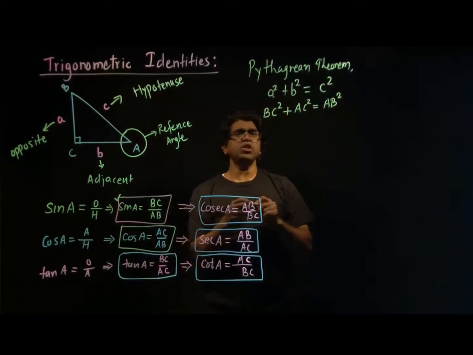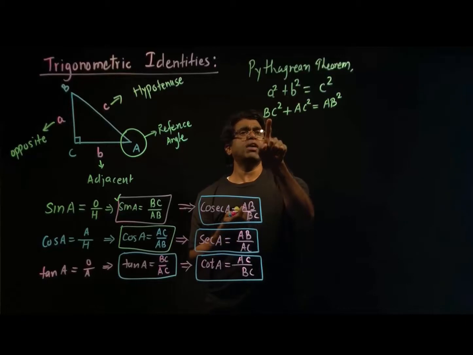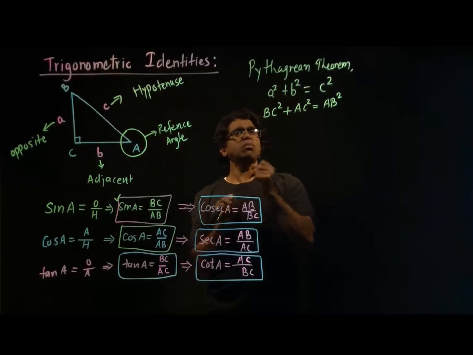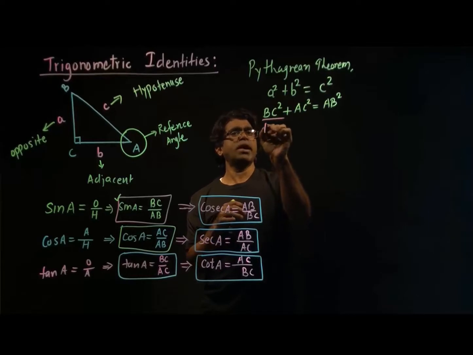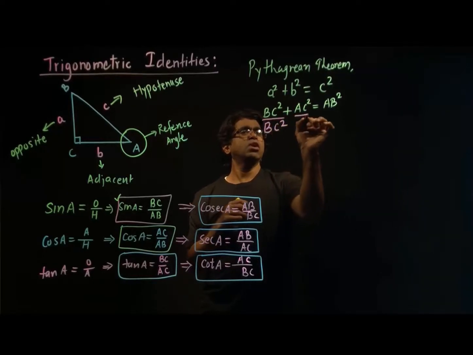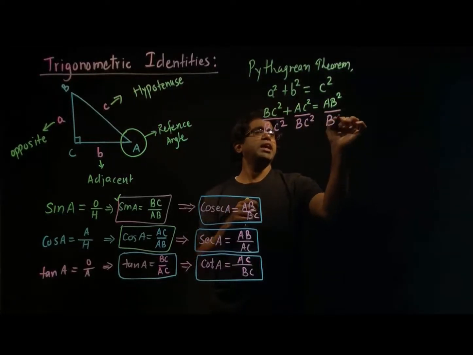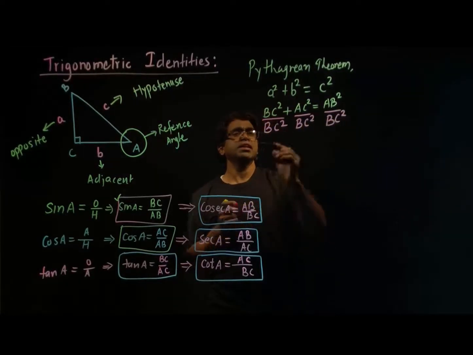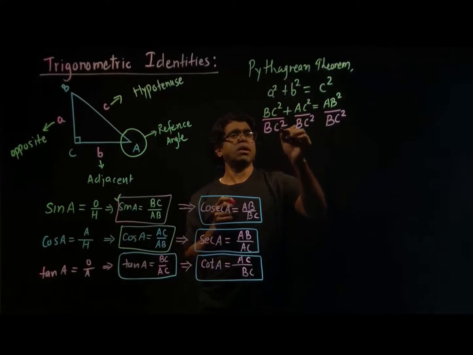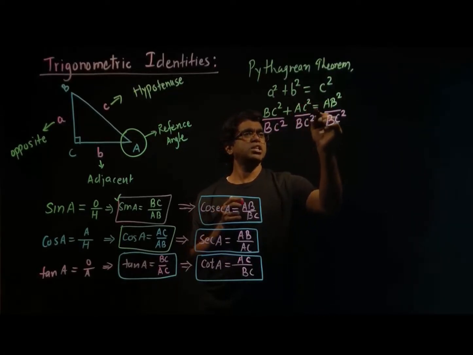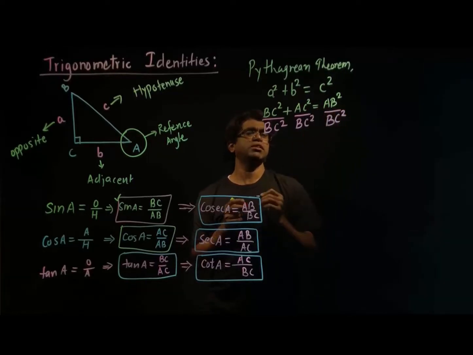Now I'm going to divide both sides by BC squared, and if I do that, I will get BC squared over BC squared plus AC squared over BC squared is equal to AB squared over BC squared.